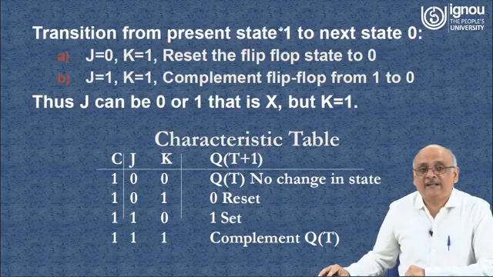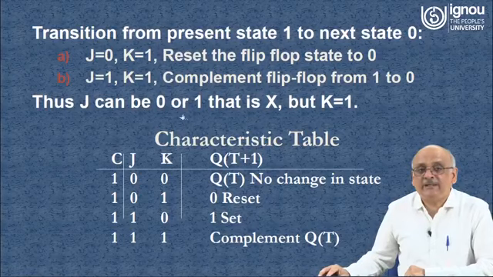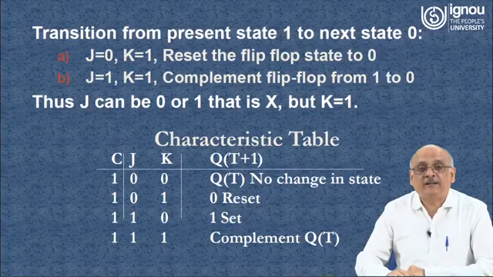That is the reset state. You move from 1 to 0, or since the state is 1, just complement it and move from state 1 to 0. So J equals 1, K equals 1 is that situation, and it will complement the flip-flop from 1 to 0. Thus J can be 0 or 1, it doesn't matter, but K has to be 1 in this particular case, for the third case.